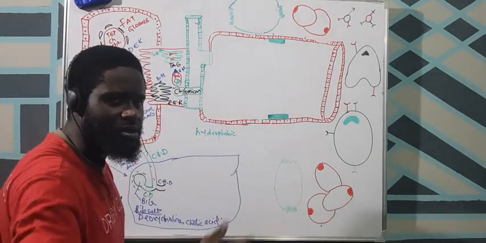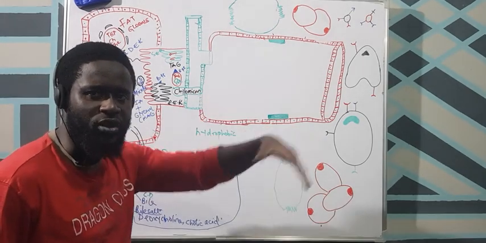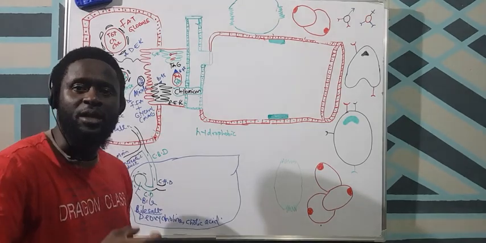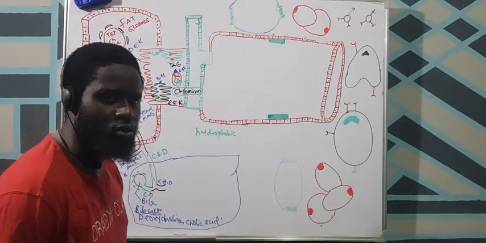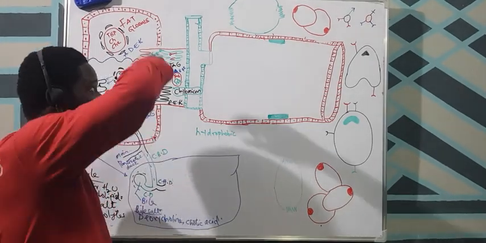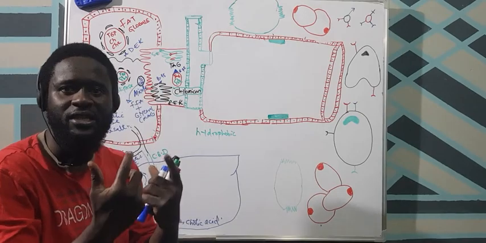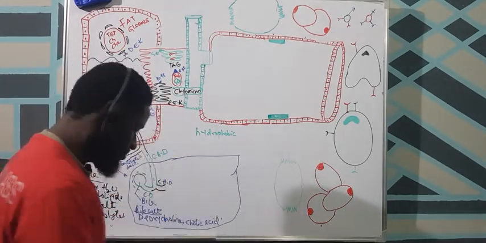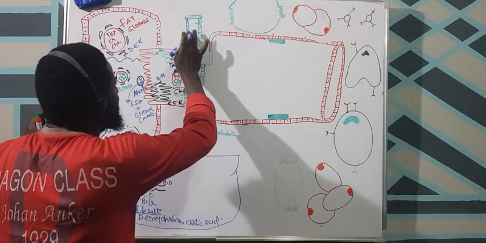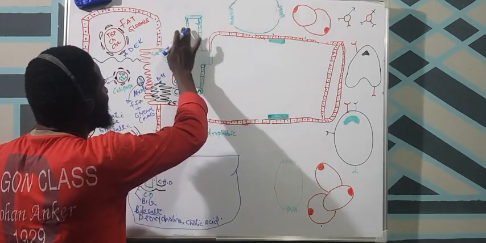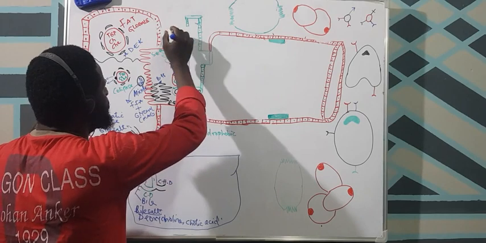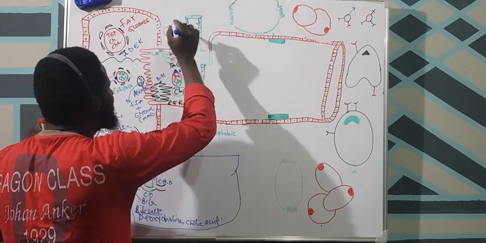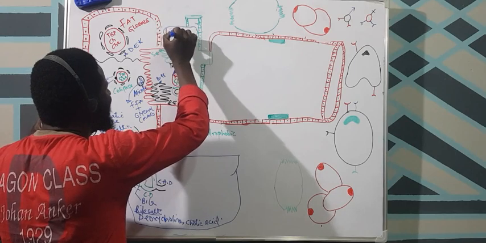But what happens? It doesn't just go into the blood vessel. There is a lymphatic drainage that helps in draining this lipoprotein into the blood vessel. When it drains, it passes through a particular place on the lymphatic system called the lacteal.